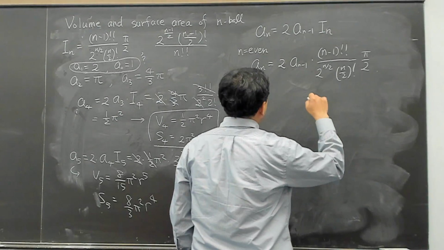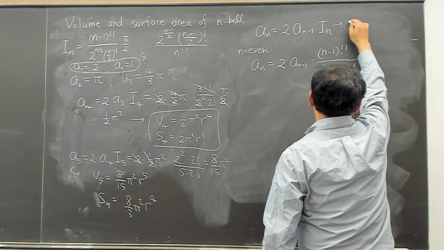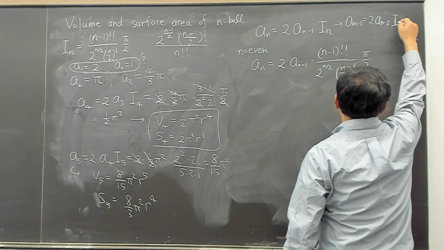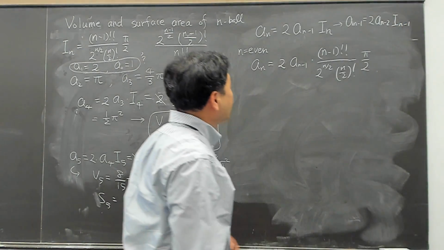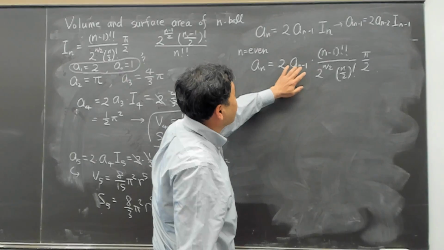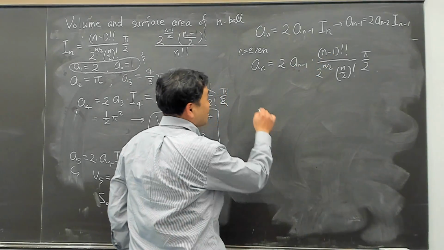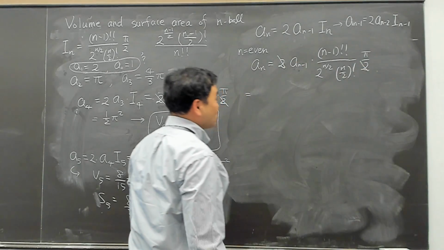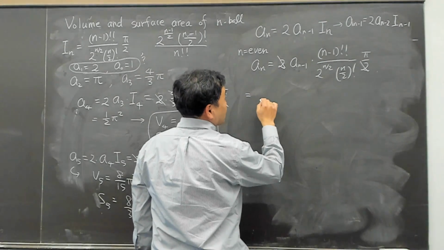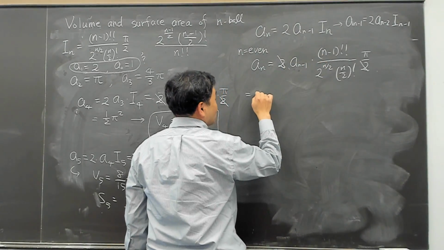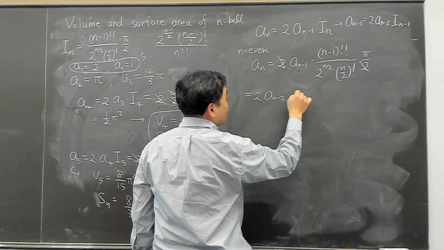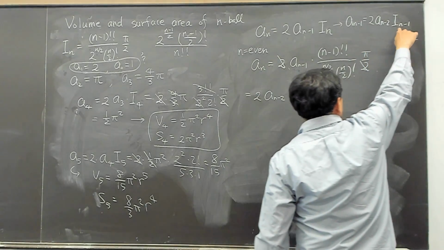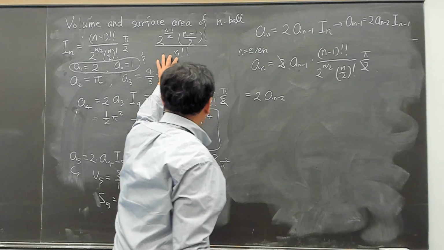But this means A_{n-1} is 2 times A_{n-2} times I_{n-1}, right? So I can rewrite A_{n-1} using that formula. Let's cancel the 2's out so it's simpler. We're going to rewrite A_{n-1} as 2 times A_{n-2} times I_{n-1}, but look, n is even, so n-1 will be odd, so this time we're going to use this formula.